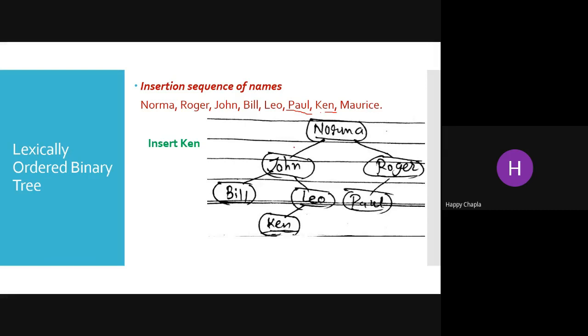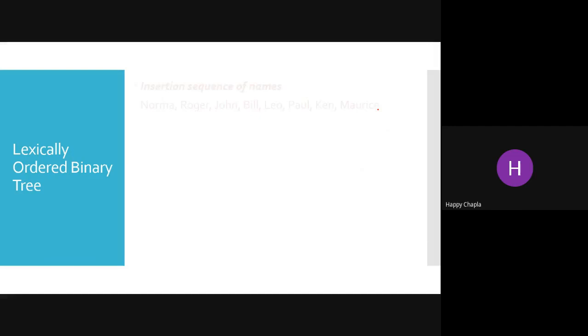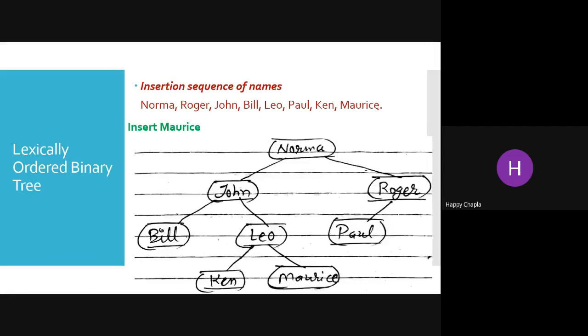K is greater than J, but K is less than L, so left of L. So here we insert Ken. Now Maurice: M is less than N, greater than J, greater than L, so right of L.